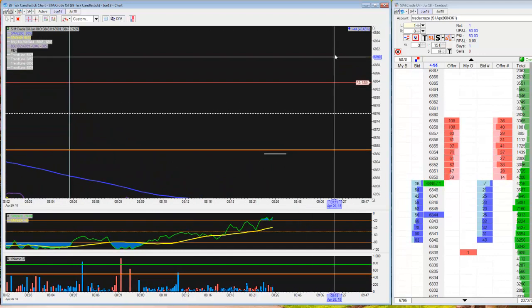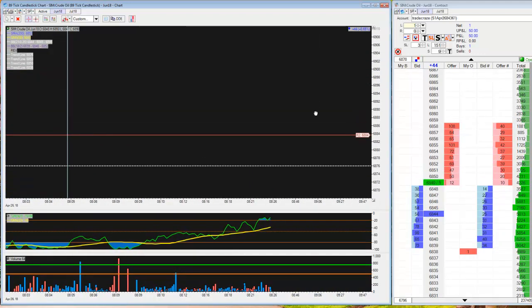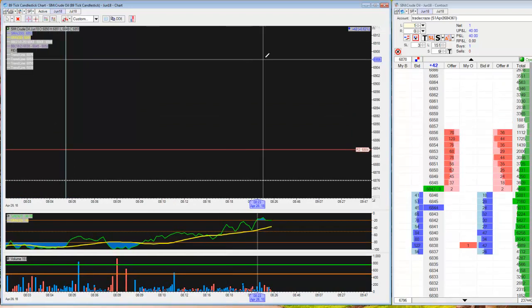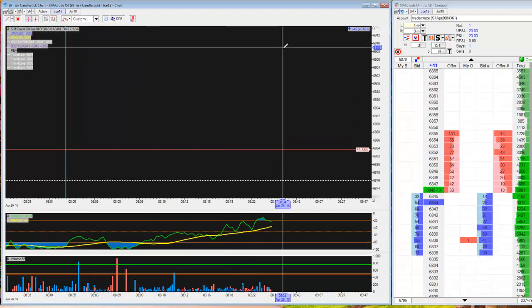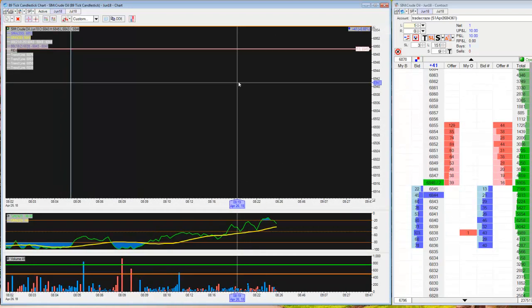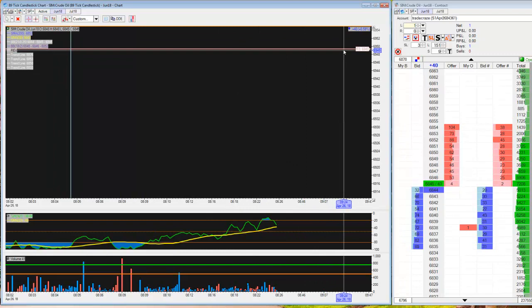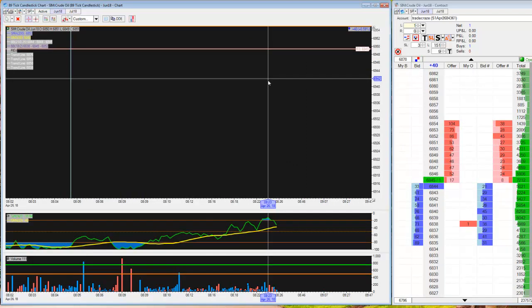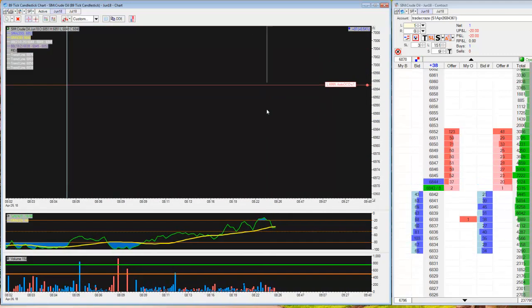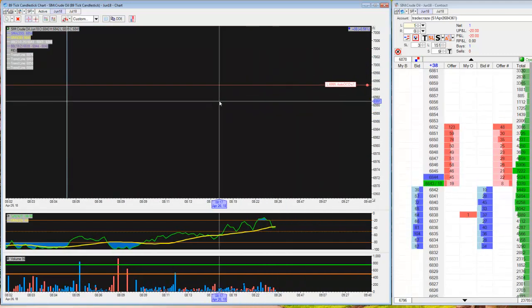So pull it through R2. And R3 is listing on this chart at 69.49. And there's our high. And there's our target.